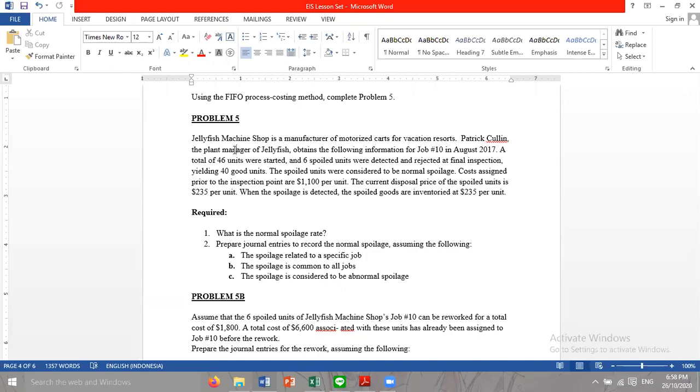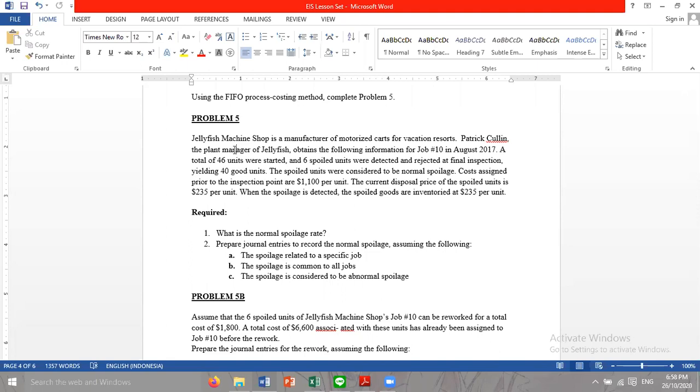So what is spoilage? Spoilage is practically units of production that do not meet the specification and are discarded or sold at reduced prices. Later on, spoilage can be divided into two types: normal spoilage and abnormal spoilage.